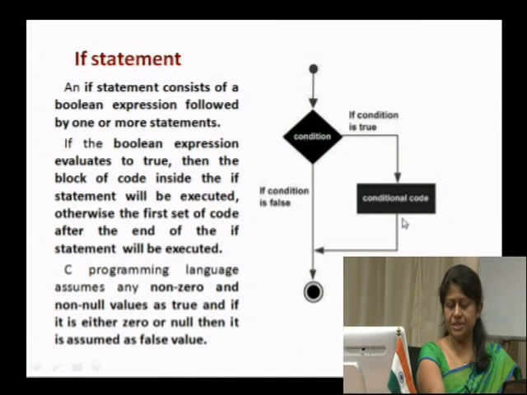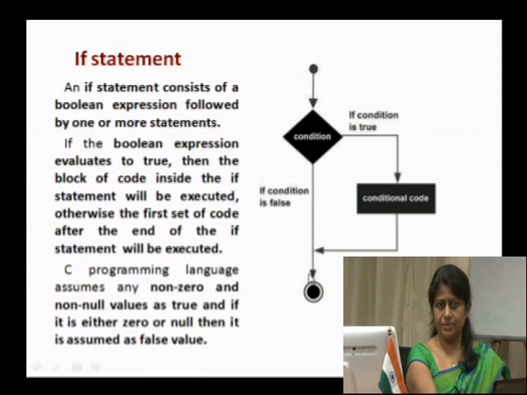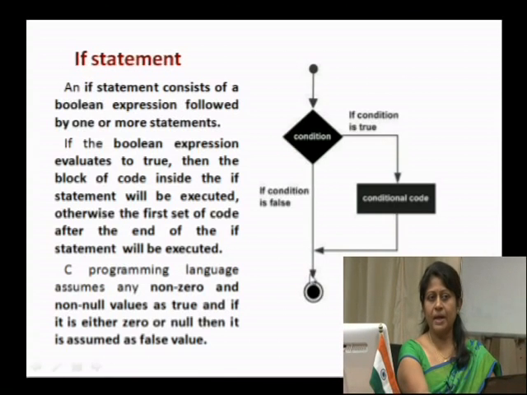So if the condition becomes true over here, the condition code is executed. If the condition becomes false, it is simply skipped and the following statement would be executed. One important thing that we need to know here is the C programming language assumes any non-zero and non-null values as a true value and any zero or a null value as a false value.